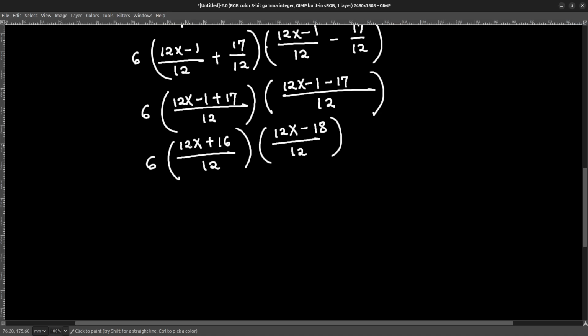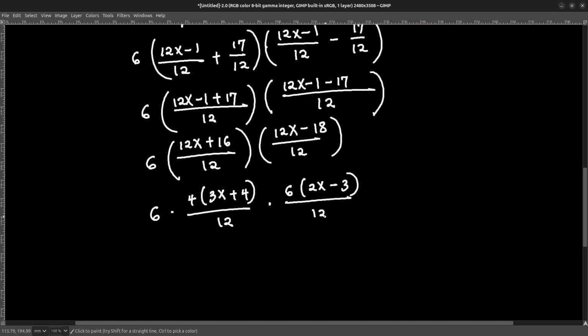And you see, in this first one, we can factor out by 4. So this is the same as 6 times, so we factor out a 4, and then we remain with 3x plus 4 over the 12. Then times, on this second one, we can factor out by 6. So this is the same as 6, then this becomes 2x minus 3, then still over 12, right?